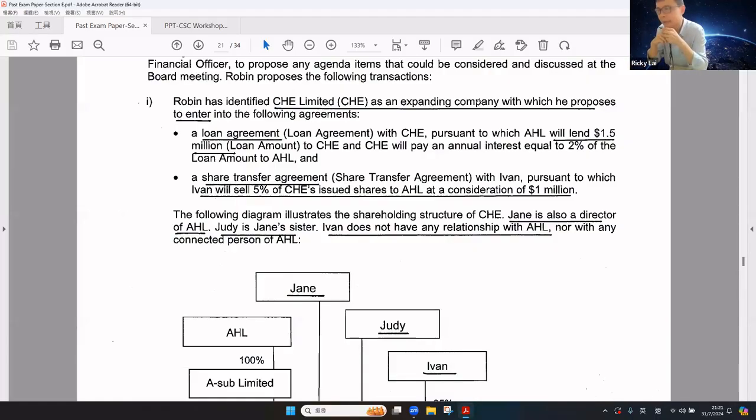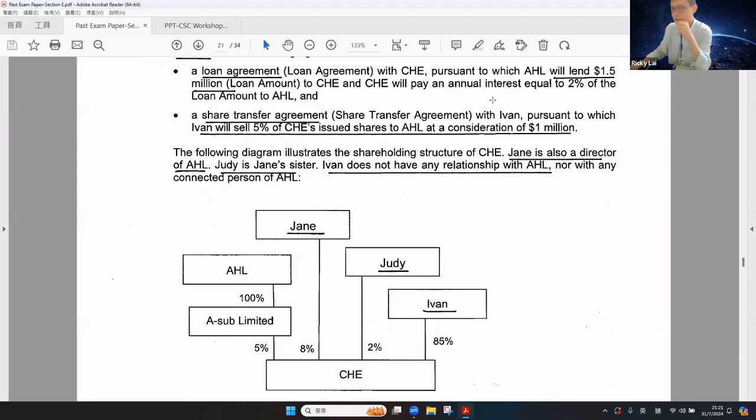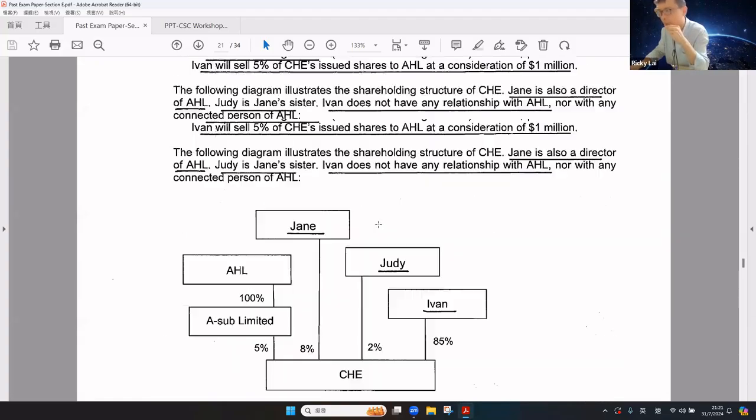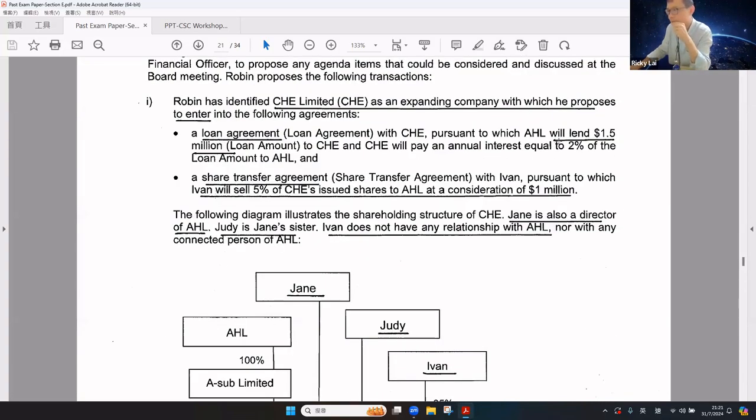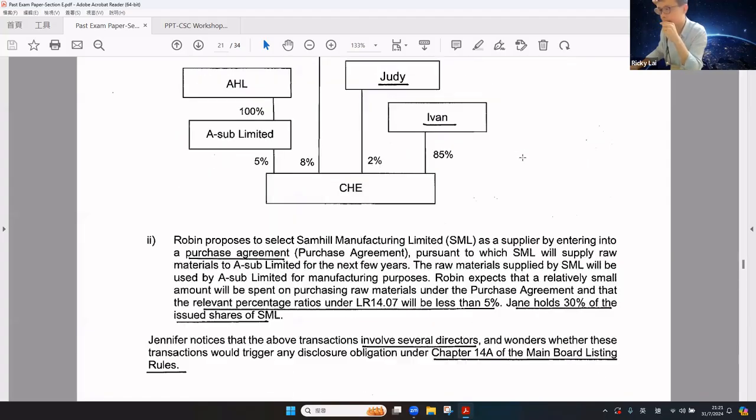There are also some transactions, even though Ivan is an independent third party and not a connected person, where the acquisition of an interest in the target company, of which Jane and Judy are controllers, is also a connected transaction. And more importantly, please also look at the consideration. So long as the consideration is not more than 3 million Hong Kong dollars, the CT can be exempted.